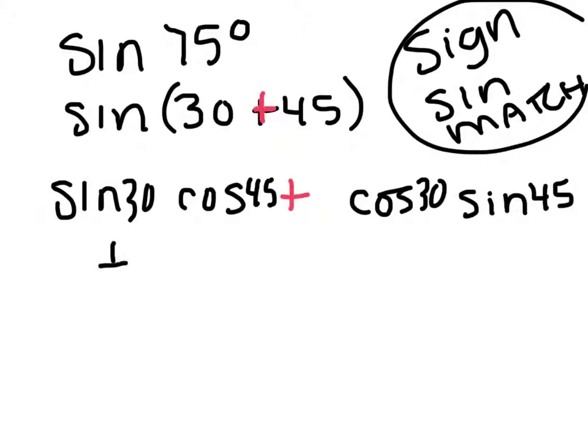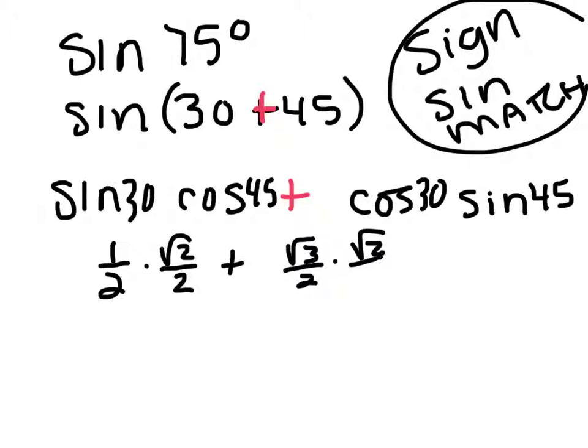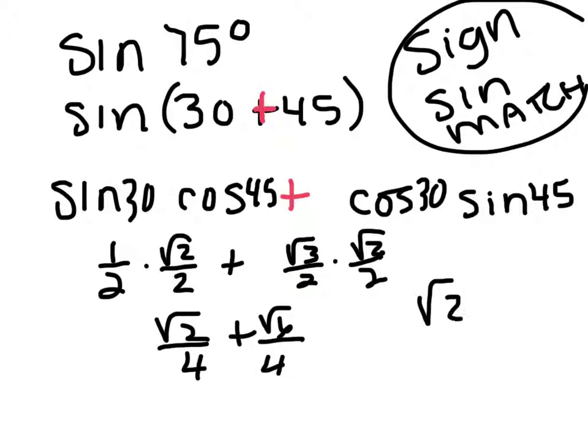So this is 1/2 times the square root of 2 over 2 plus the square root of 3 over 2 times the square root of 2 over 2, which is the square root of 2 over 4 plus the square root of 6 over 4. So this is the square root of 2 plus the square root of 6, divided by 4.